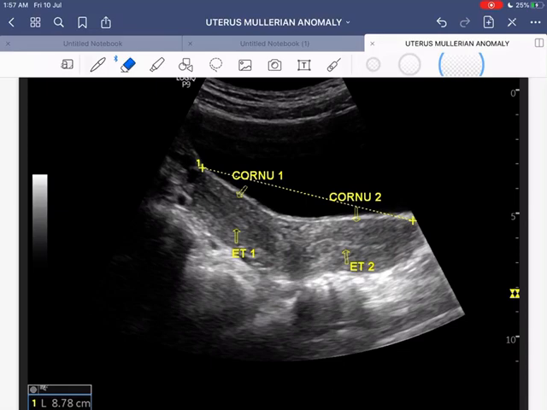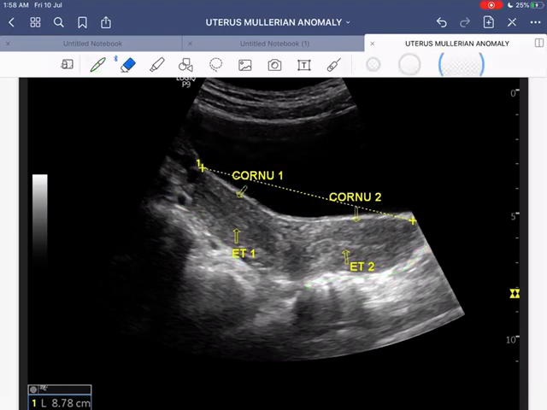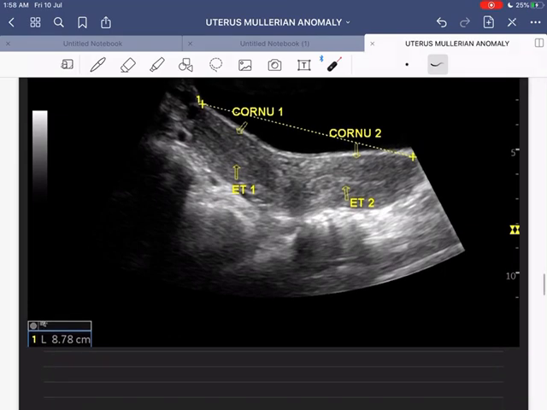As you can see, there are two horns of the uterus that are widely separated from each other. Note that the intercornual distance here is 8.78 centimeter.